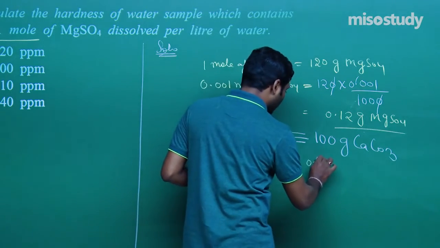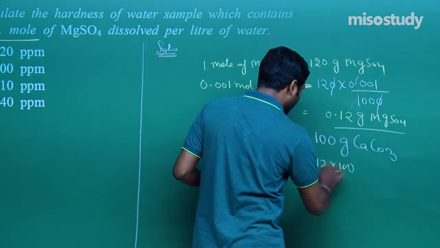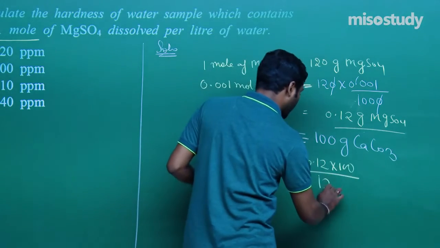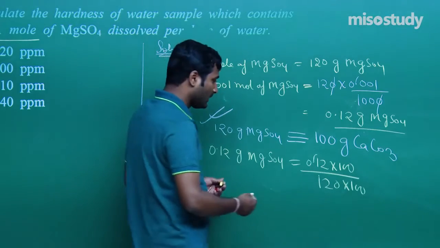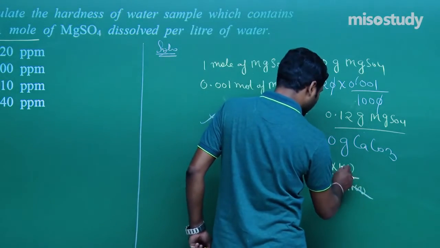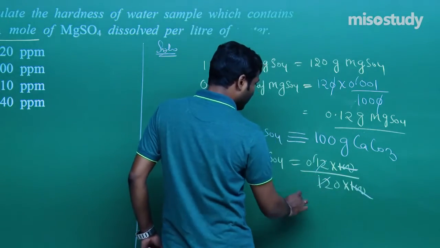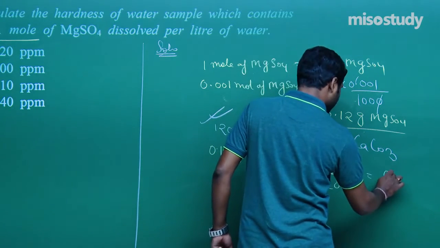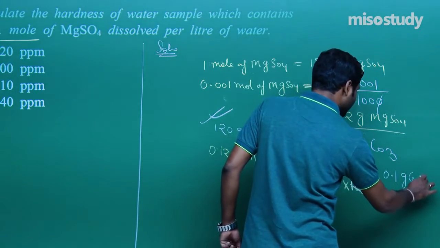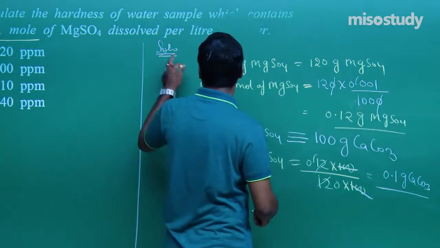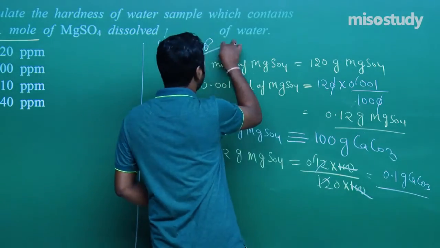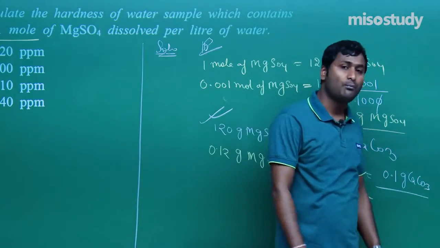Now 0.12 multiply by 100 divided by 120, put here 100. Clear to you? Now what will happen? This will cancel this one and 1 upon 10, that is 0.1 gram CaCO3.